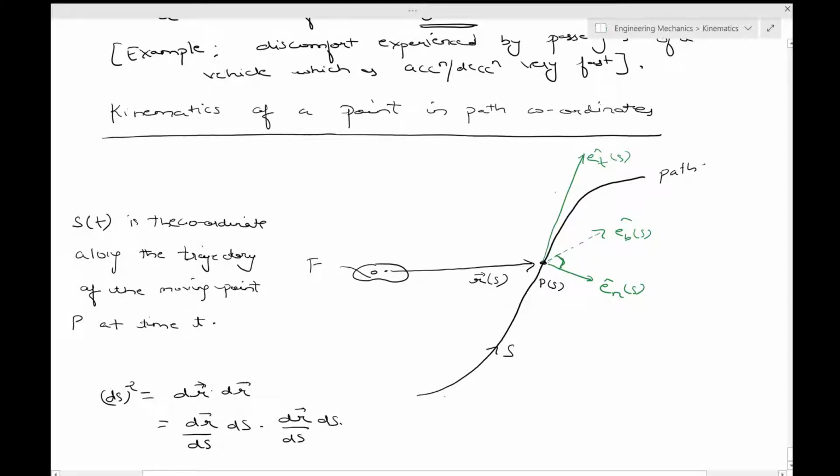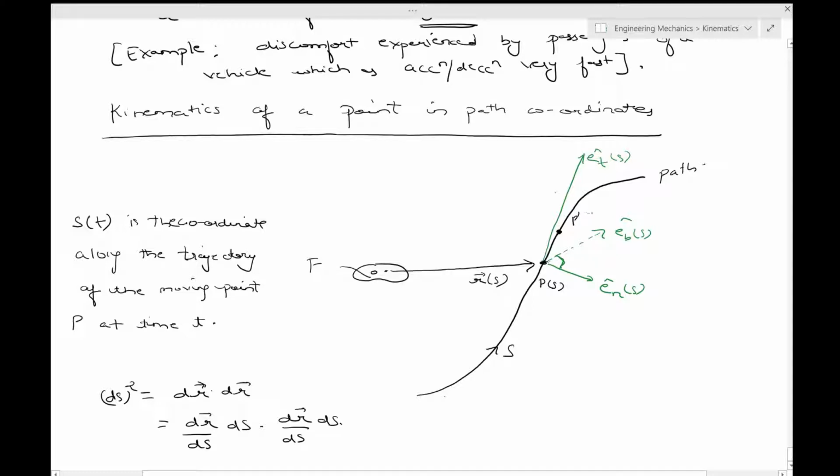Let me show what this ds and dr are. This is at point P over here. Now the next point, say over here, let that point be called P dash.